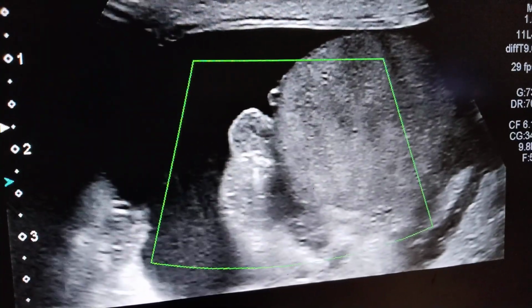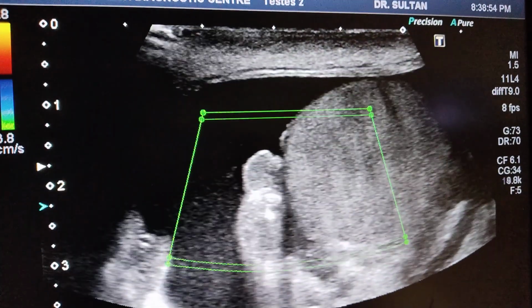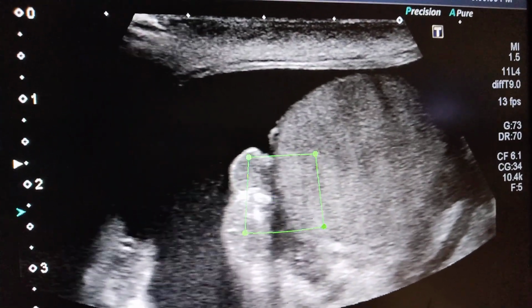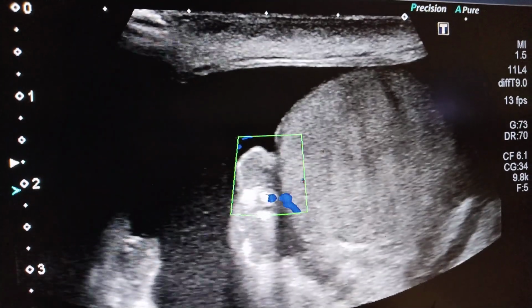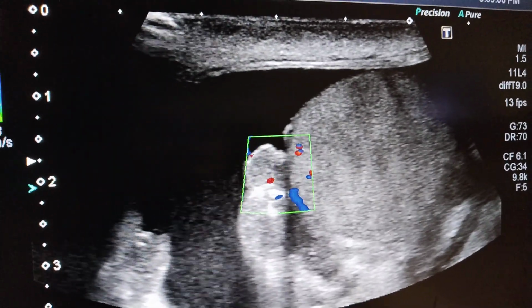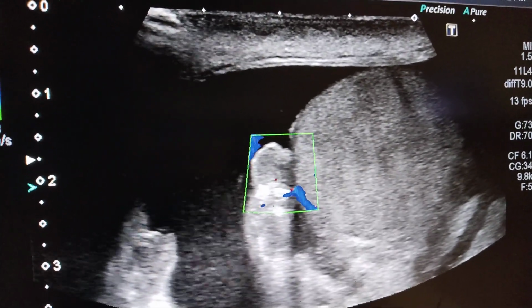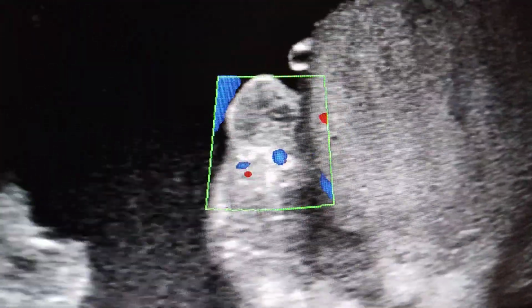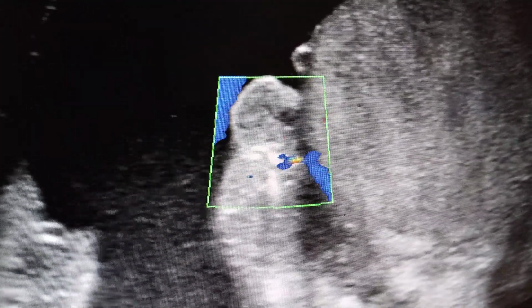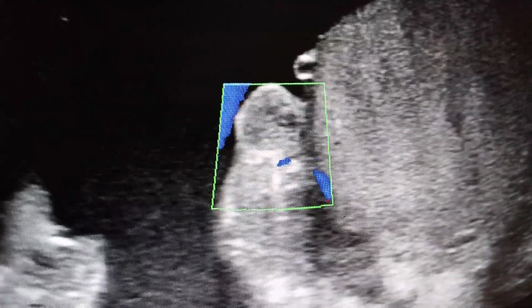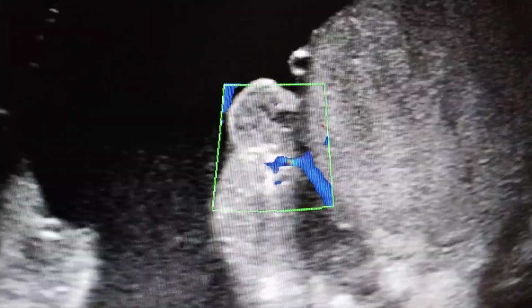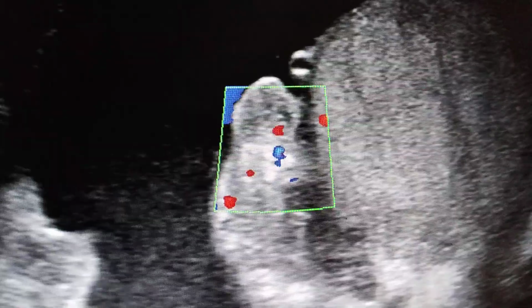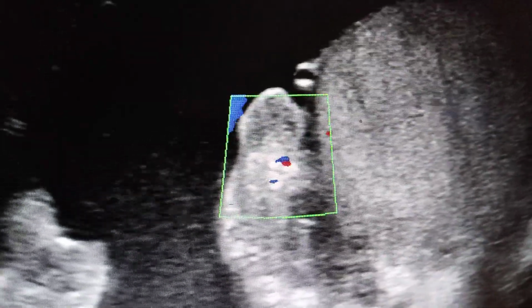So now I am again looking at the vascularity of the appendix. Here we can appreciate the vascularity within the appendix. So it means that this is increased vascularity.